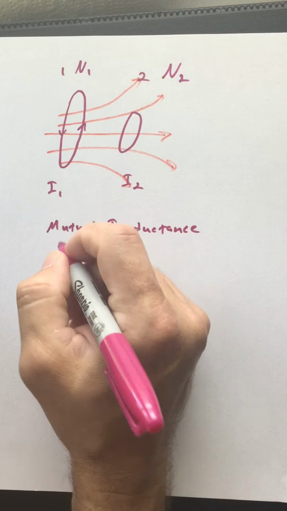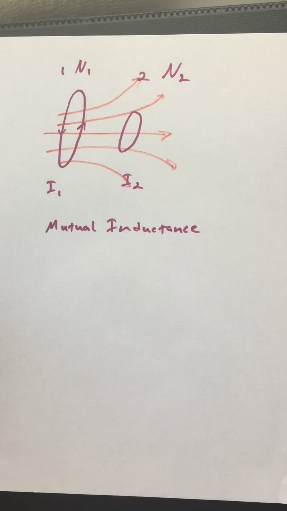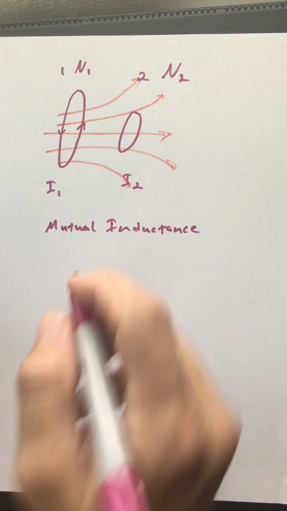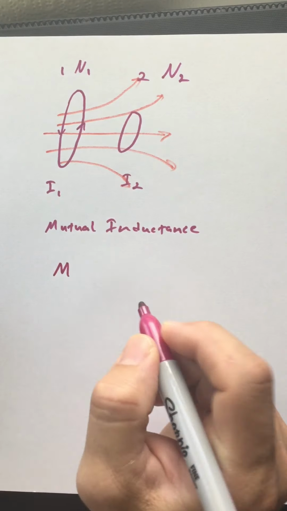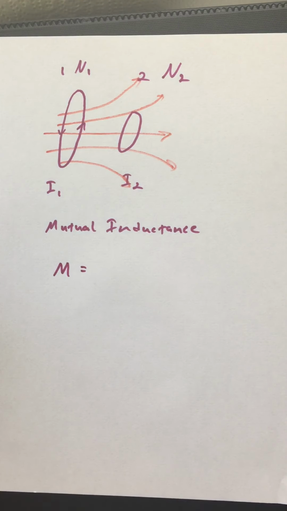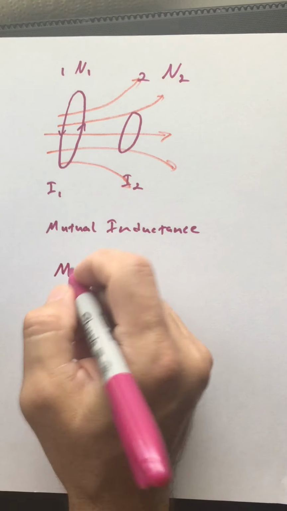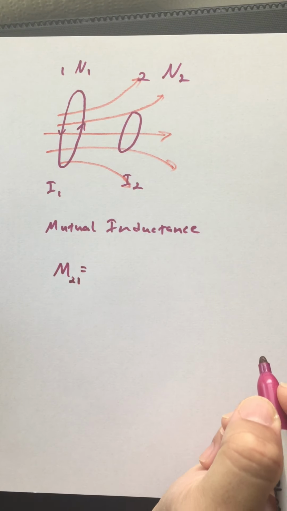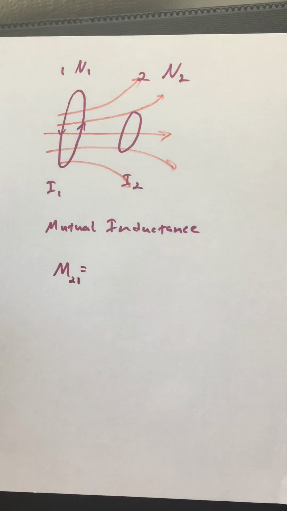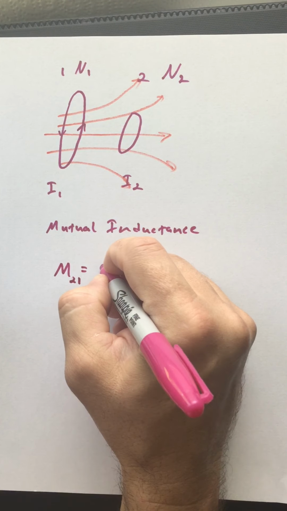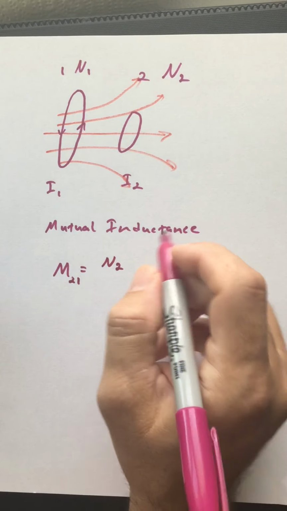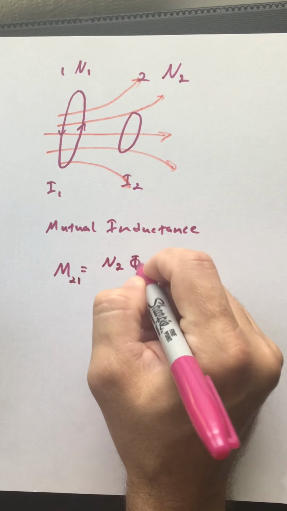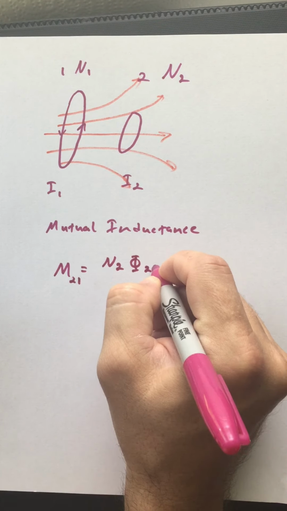Let me just define what we call the mutual inductance of this system. We'll define the mutual inductance M21, the mutual inductance of coil 2 due to coil 1. It is equal to the number of turns in coil 2 times the flux through coil 2 due to coil 1, divided by the current producing that magnetic flux, I1.